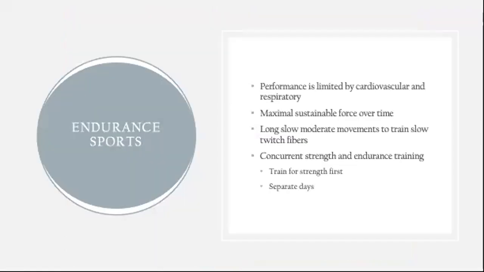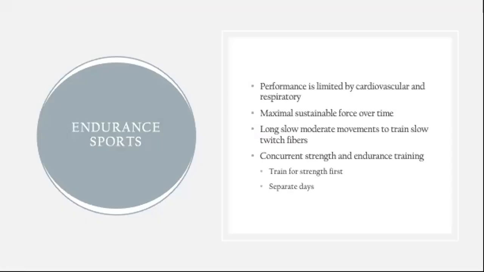So in endurance sports, where high energy demands are met by increased oxygen consumption and augmented anaerobic metabolism, athletic performance is limited by the central system of circulation and respiration, rather than the peripheral muscle function alone.